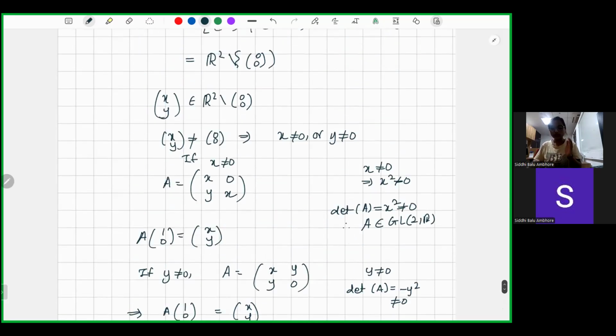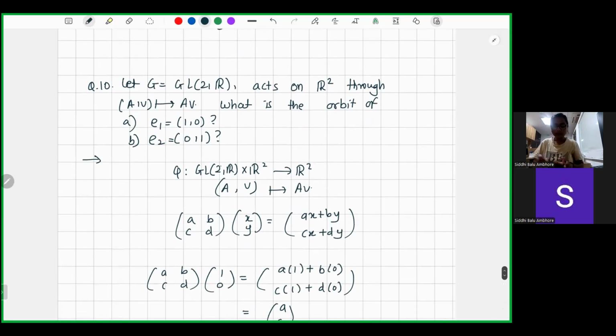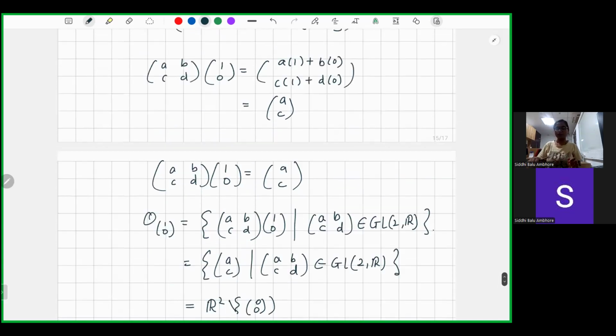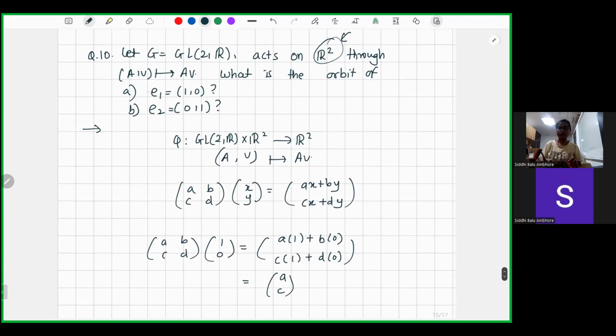Notice that when we define this action, it is defined on the whole of R2. When we got the orbit for the elements 1, 0 and 0, 1, I got R2 minus 0, 0, but to define the action, we do not need it to be R2 minus 0. And this is a well-defined action.